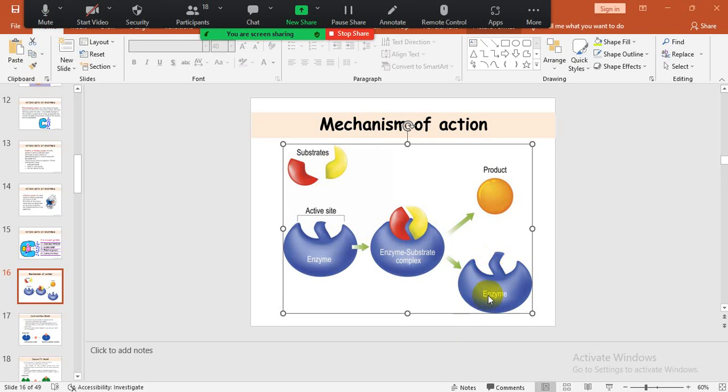Then it will come out of the solution and go and bind to more substrate and convert it to product. Then it will go back again to bind to another one. So the enzyme itself is not used up in the reaction. It just converts the substrate to the product, but it remains the same.